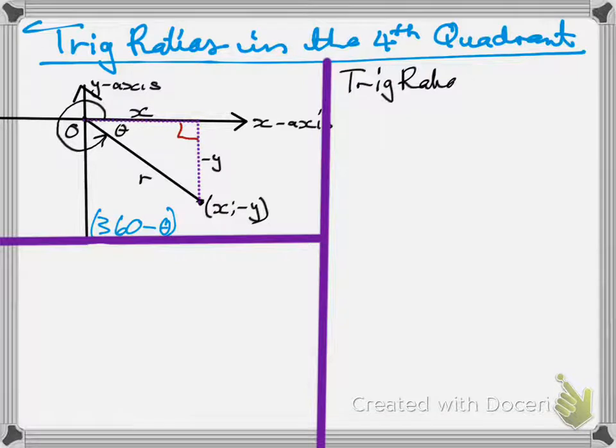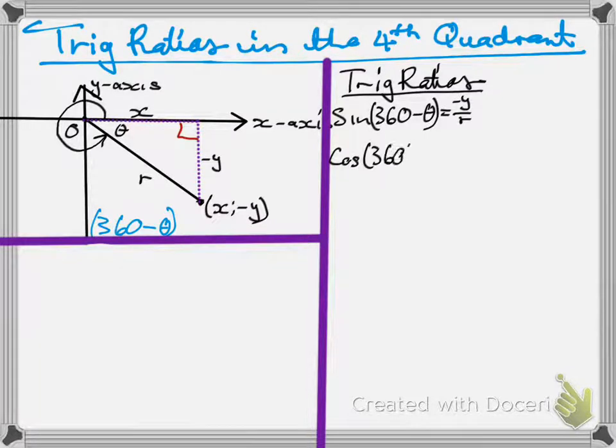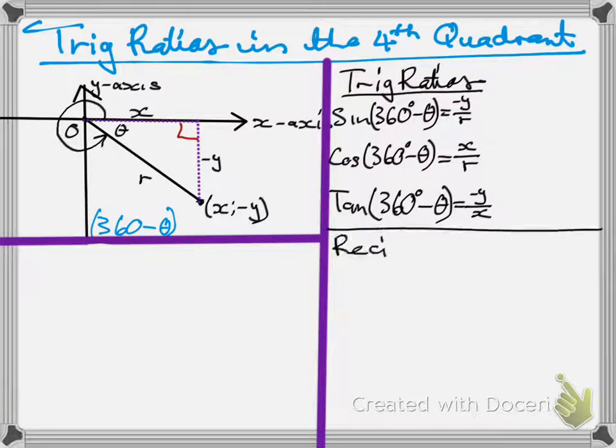So the trig ratios, you see that the sine of 360 minus theta is negative, the cos of 360 minus theta will be positive, and the tan of 360 minus theta will be negative. Same with the reciprocals.